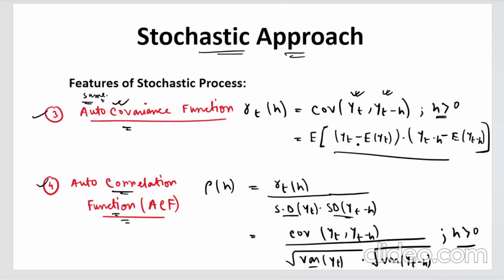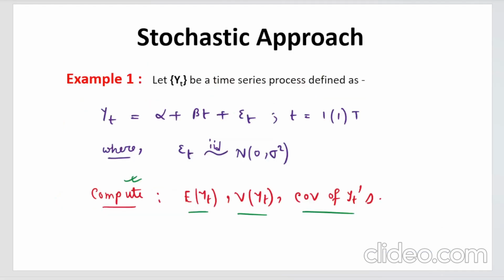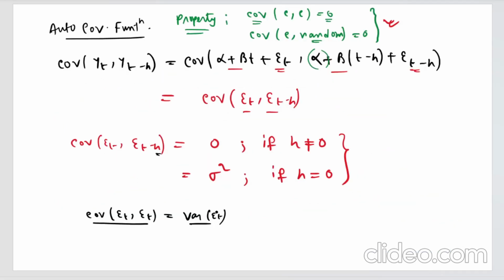The lag expression is not there, so these are two same expressions. The expectation of yt minus expectation of yt, squared, will be there, and this will give you your variance. You can do it on your own. So this is simply the variance of epsilon t, which is sigma squared. This is what I have written here.